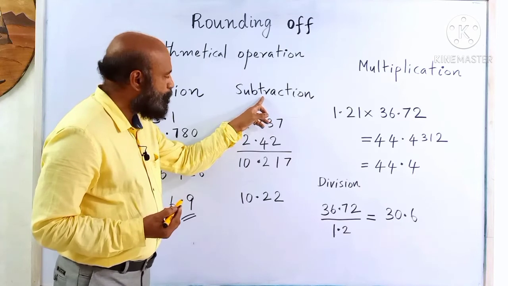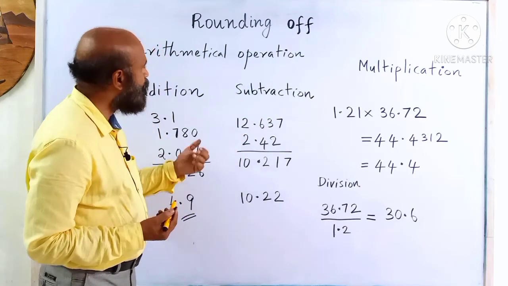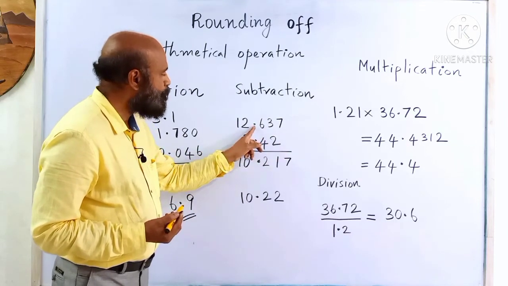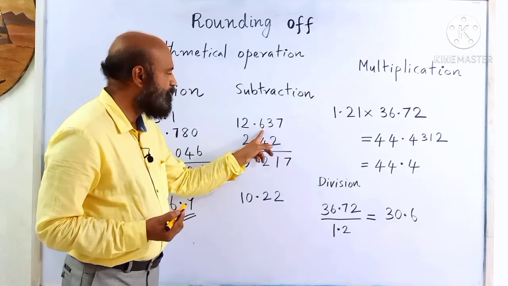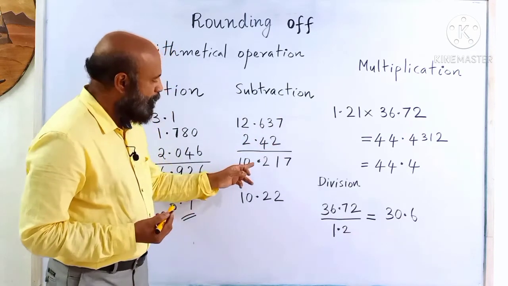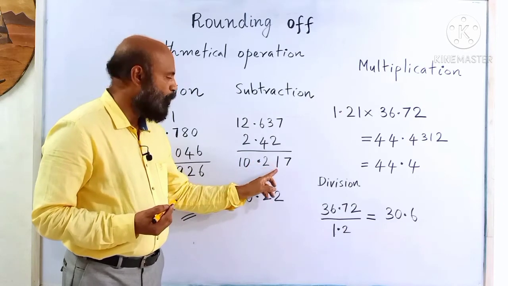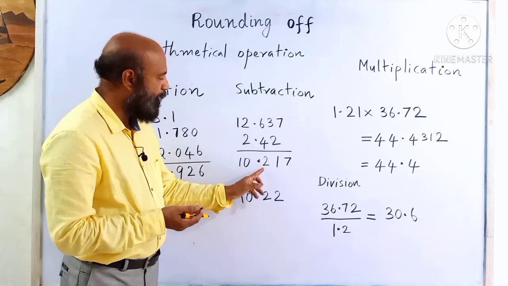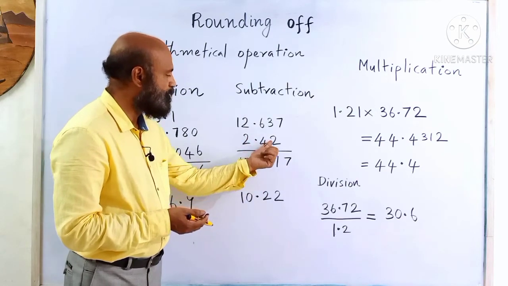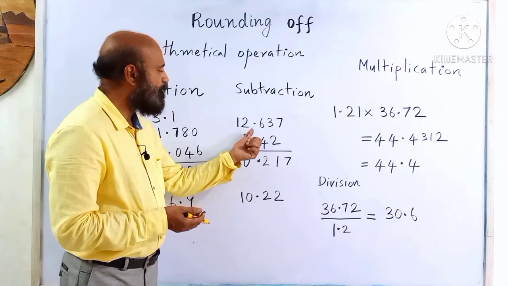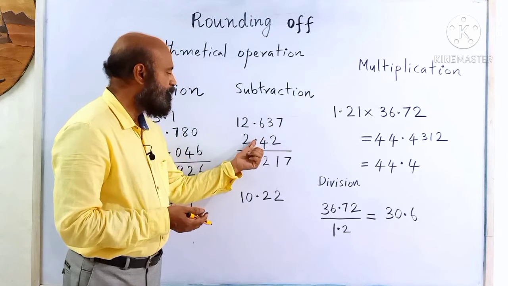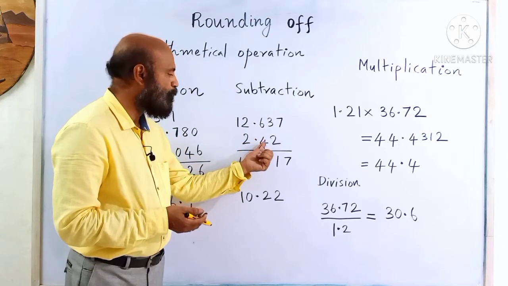In the case of subtraction, we can apply rounding off. When 2 numbers are given, here after the decimal point 3 digits are there, here after the decimal point 2 digits are there. Now 10.217. So in the answer also there should be only 2 digits. The reason: here after the decimal point 3 digits are there, here only 2 digits are there.